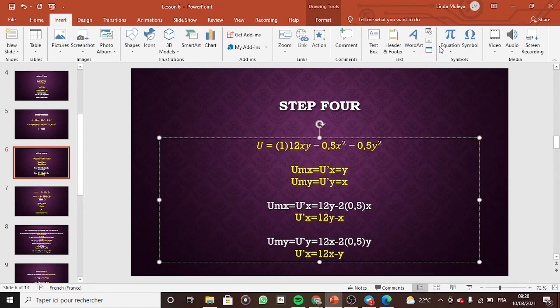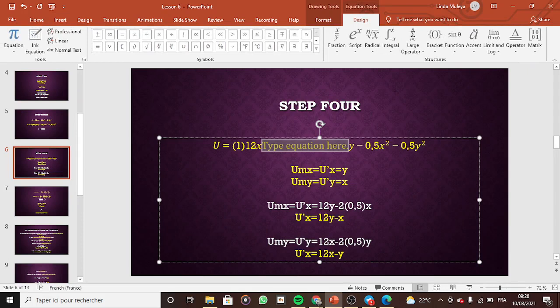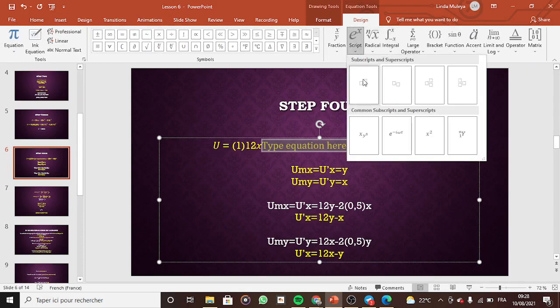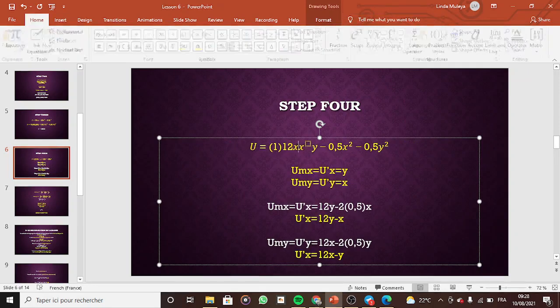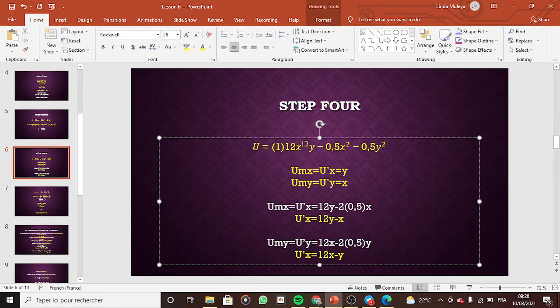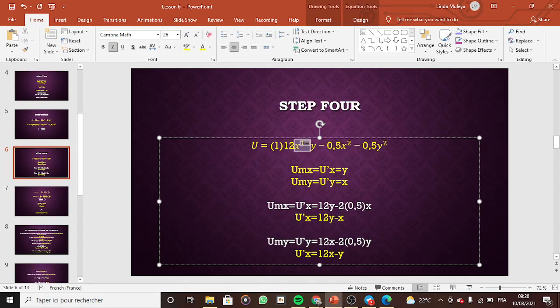So let me just input that there. So we'll say x here, remove this one, x to the power 1 minus 1, which is equal to 0. And then x to the power 0 is 1.